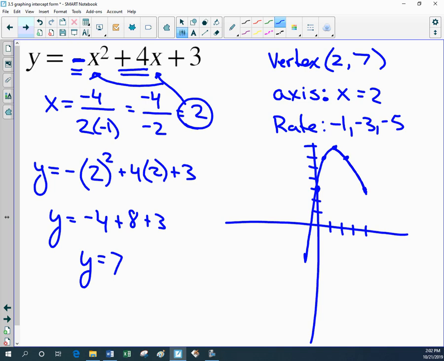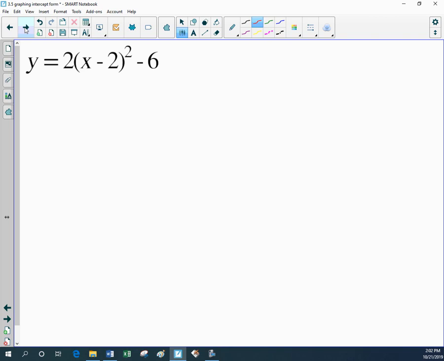Here's my sketch. Okay, and so here's what we know. We know the y-intercept is at positive 3, which matches up with c in the equation. So that is just a quick double check that I'm correct. And that is it. Okay, the next one, vertex form.